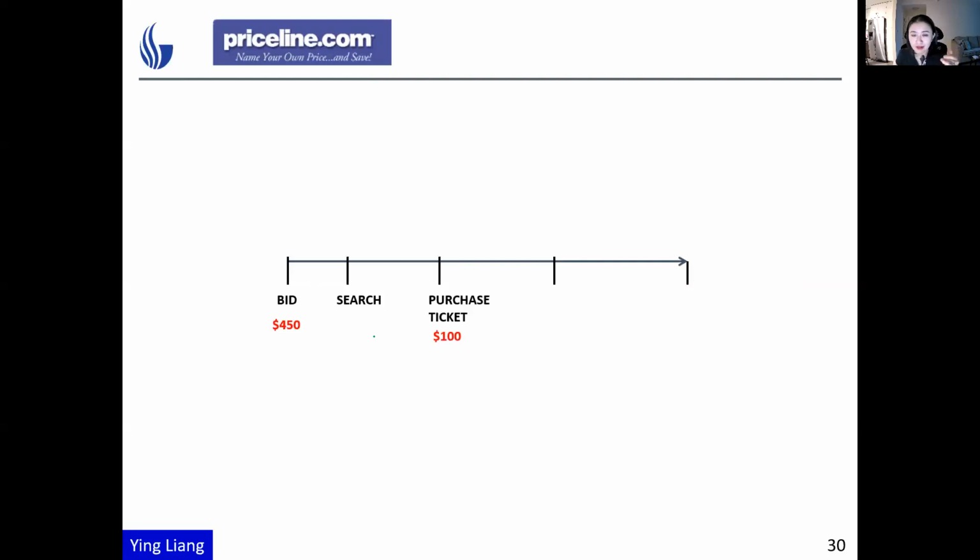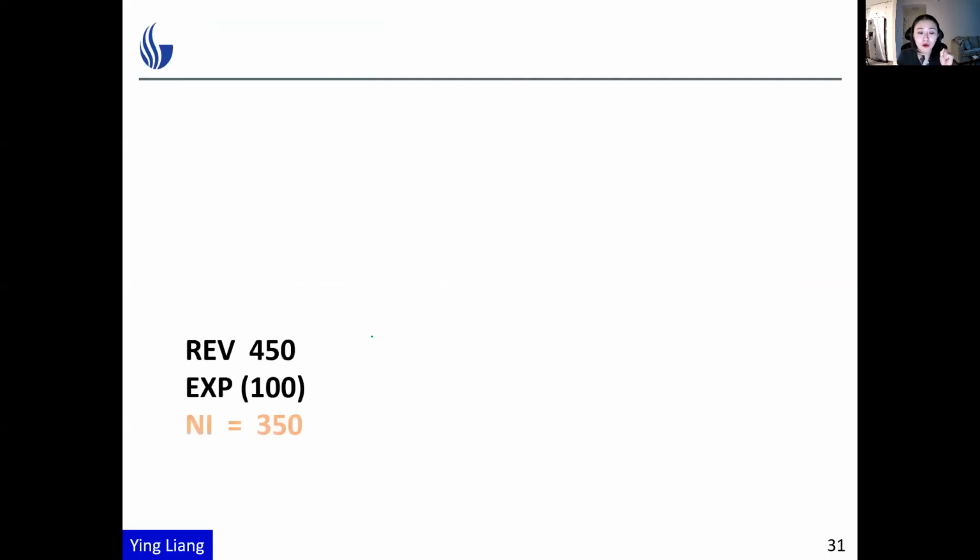So of course, Priceline will purchase this ticket for $100, and then they're going to transfer the ticket to the customer. After transferring, they are going to charge the customer $450. So in that sense, Priceline will earn $350 in this deal.